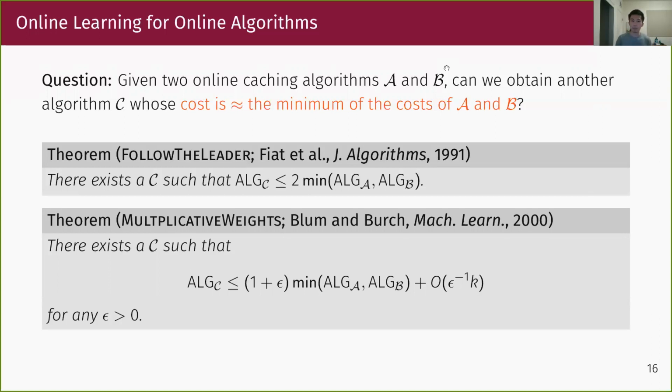Fiat et al. showed that you can get a C that is a 2 approximation in a deterministic way. And it goes roughly just by following the algorithm that's doing better at any given point in time. So if A is doing better so far, I listen to A, and if B has better performance on the input so far, I listen to B.